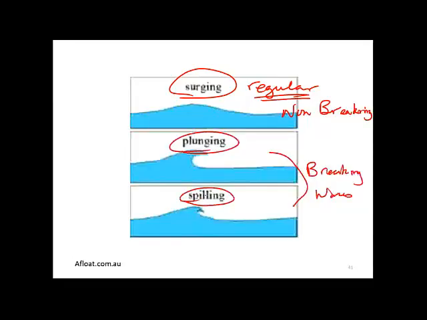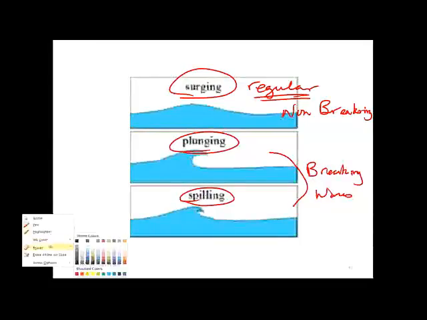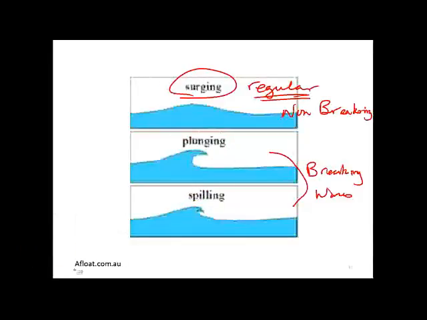Now the plunging wave, let's look at this a little bit more carefully, the plunging and the spilling. If we look at the plunging wave, you see how it makes this big front, and basically it plunges over. This is the kind of wave that really comes along and thrashes over you and makes a lot of turbulence.